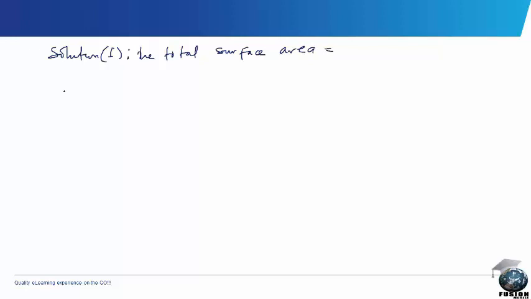So therefore, solution 1, the total surface area will be equal to 4 times the area of the given triangles, plus the area of the square.